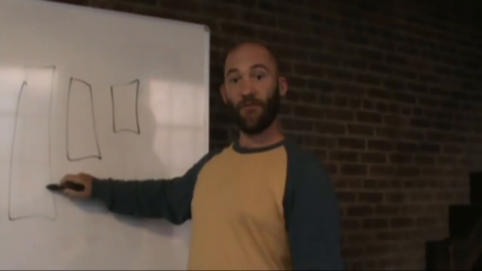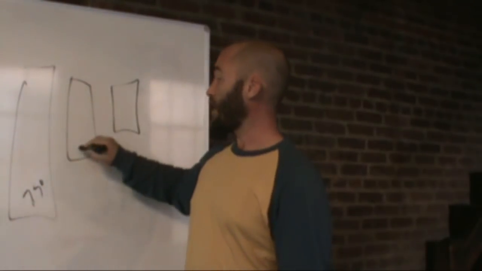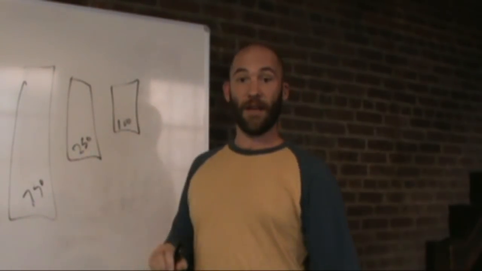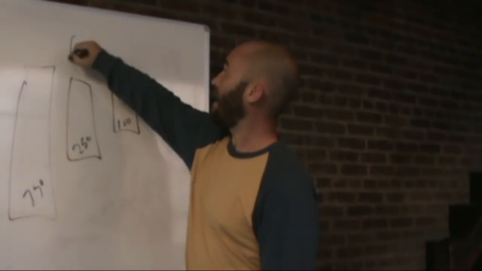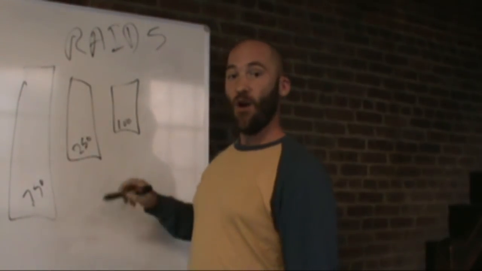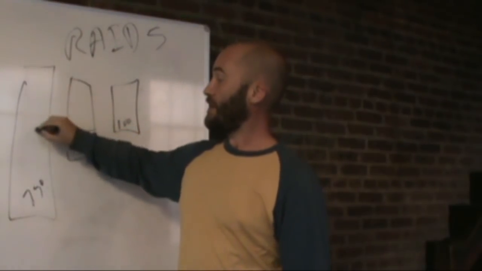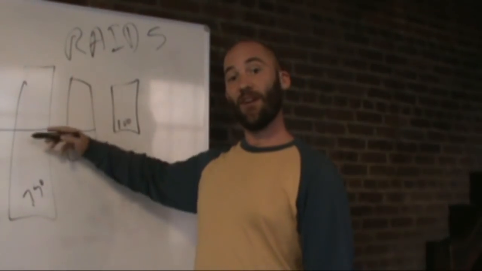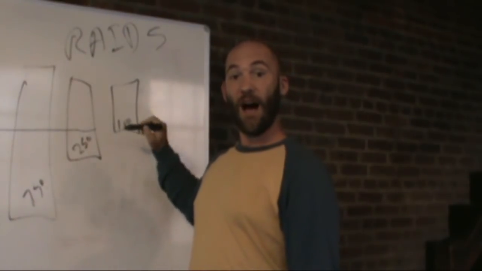So we have one 750 gig hard drive, one 250 gigabyte hard drive, and one 100 gigabyte hard drive. In this instance, if we had a RAID 5 array, we could only use 100 gigabytes from both the 250 and the 750 hard drive. So although this hard drive has 750 gigabytes on it, you can only use 100 gigabytes of it.